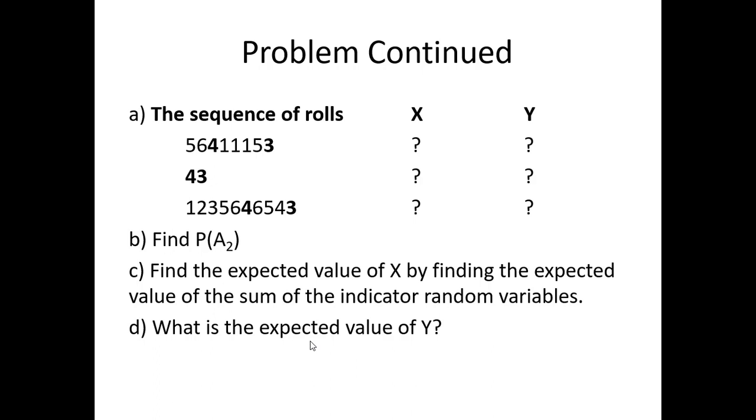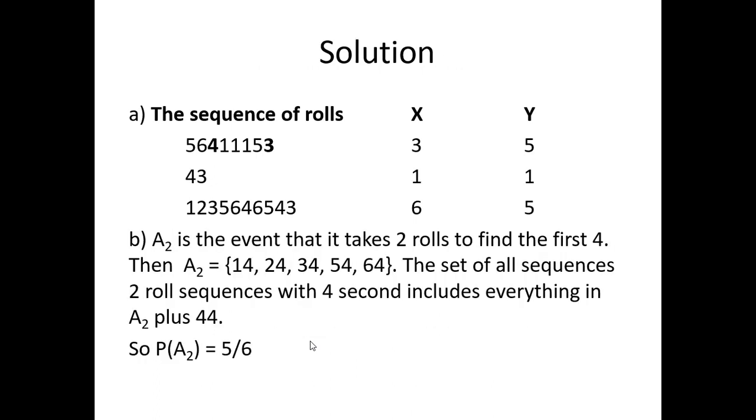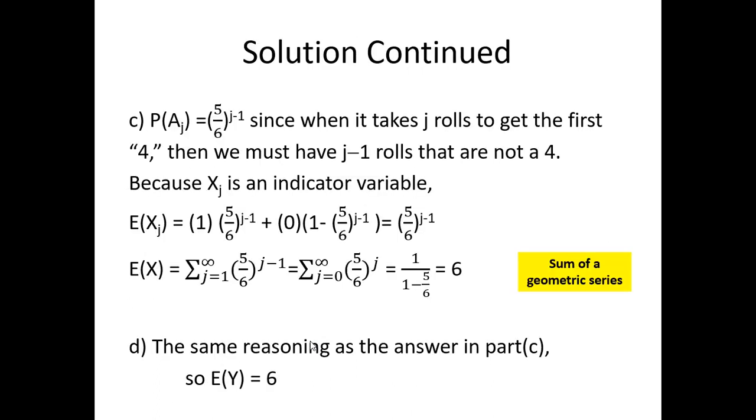So in part C, we want to find the expected value of x by finding the expected value of the sum of the indicator random variables. And then what can we say about the expected value of y? All right, so let's go on. The probability of Aj in general is (5/6) to the power j minus 1.